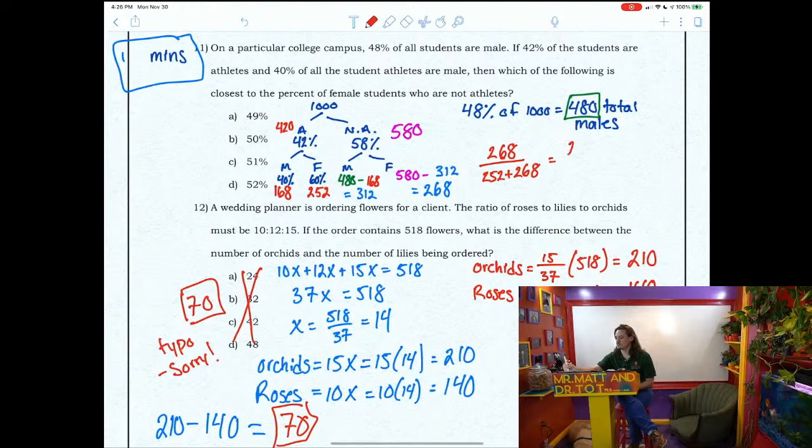So we're going to have 268 over 520. And that's going to be 0.515, which is about 52%, rounding up. So that's going to be answer selection D.